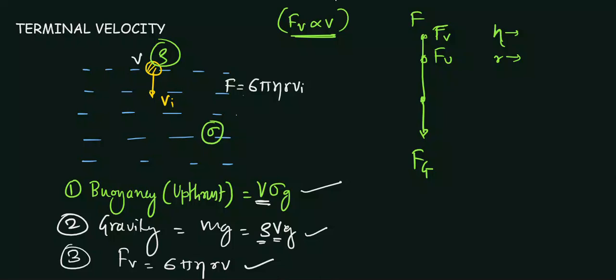So there is this balance. Not balance actually, because it is moving. Initially this viscous force maybe is not that high, so it will gradually try to reduce the speed.